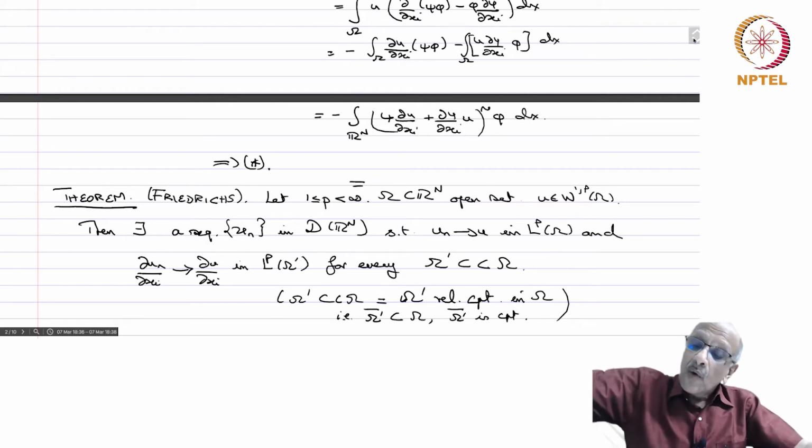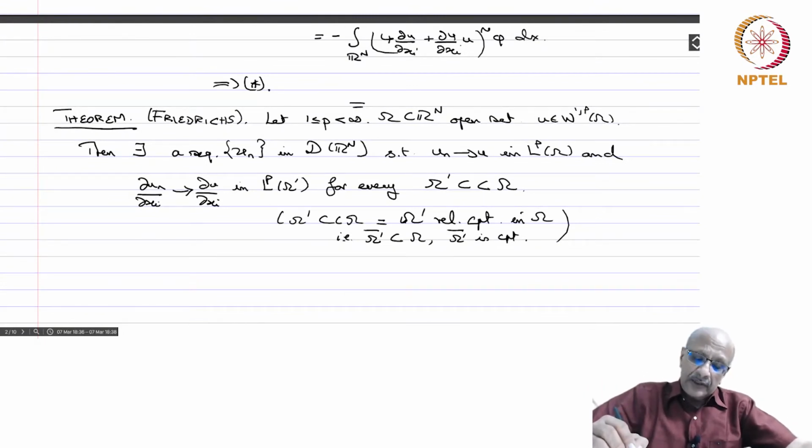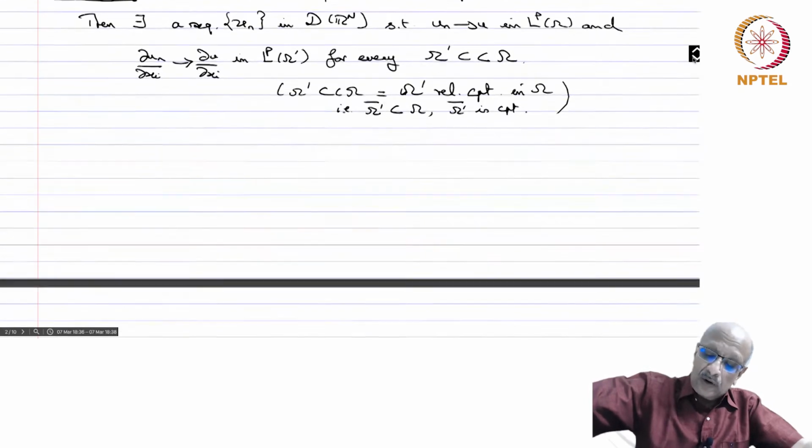In the case omega equal to R^n, we had u_n in D(R^n) such that u_n converges to u in L^p(R^n) and du_n by dxi converges to du by dxi in L^p(R^n). Here, because we are in an open set and not in the entire space, we have to pay a price: we lose the convergence of the derivatives in the entire domain, but we can do it in any relatively compact subset of it. That is what this theorem is telling us.